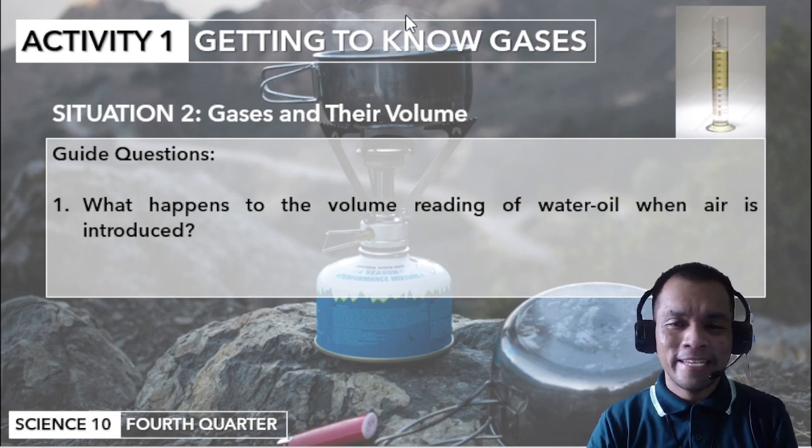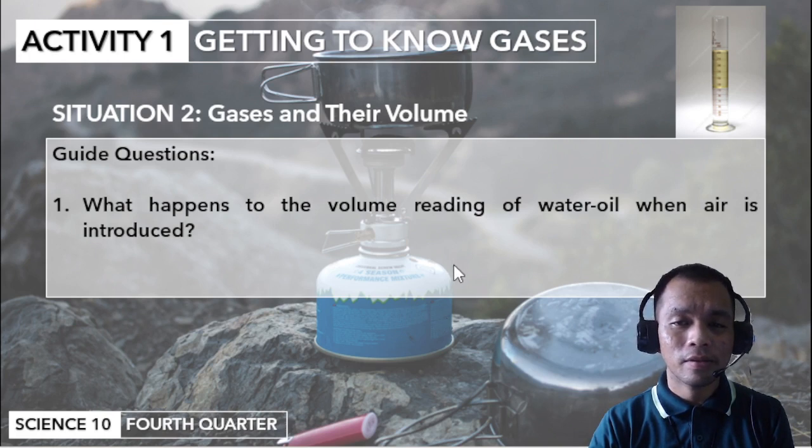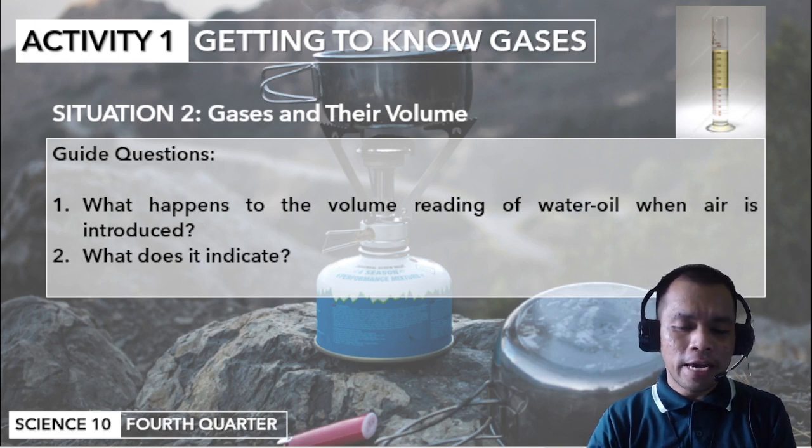Anyone? Yes, that's correct. Basically, the volume increased when air was introduced. Okay, let's go to the second question. What does it indicate? What is the indication of the situation? So there was an increase.